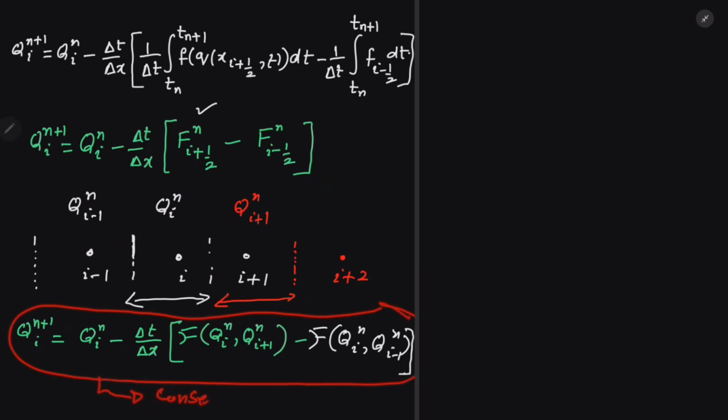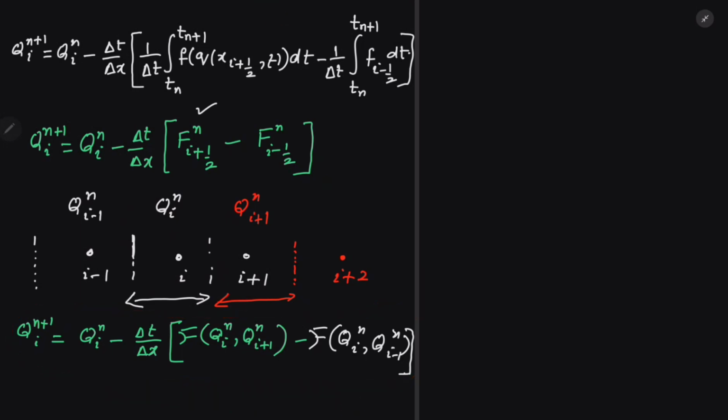Why is it called a conservative form? Since the interior values cancel out with each other, and the only contribution of flux or the change inside the geometry is coming from the edges. And we will talk about that maybe in the next example.